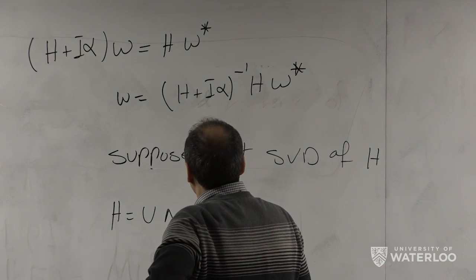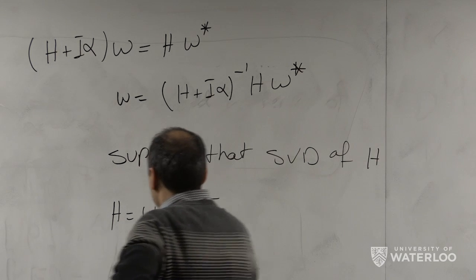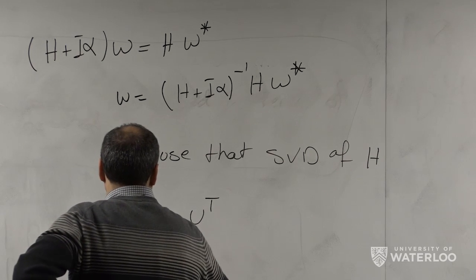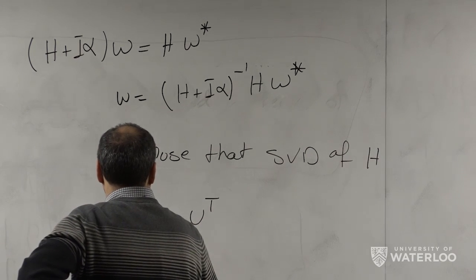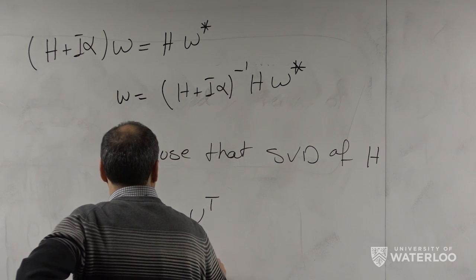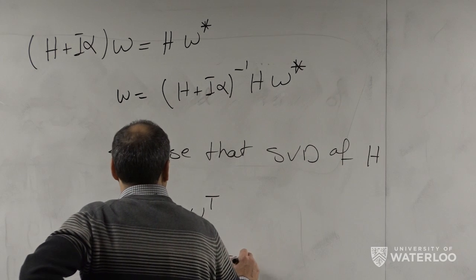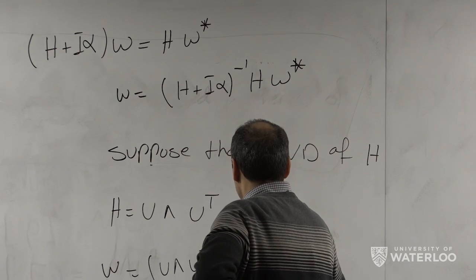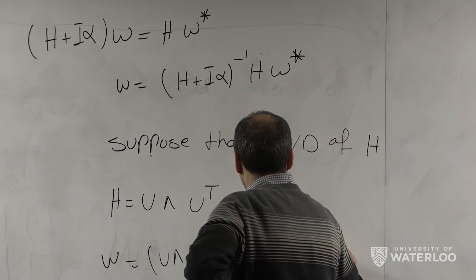So it means that w will be, for H, I will put U lambda U transpose, plus I alpha, inverse, times U lambda U transpose, w star.